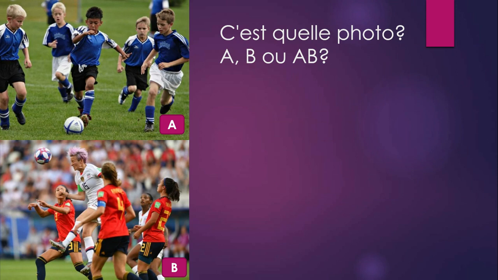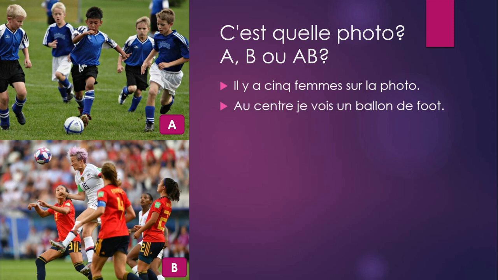Here we go. Il y a 5 femmes sur la photo. B. Au centre, je vois un ballon de foot. A. Ils sont en train de jouer un match de foot. A, B, both of them.